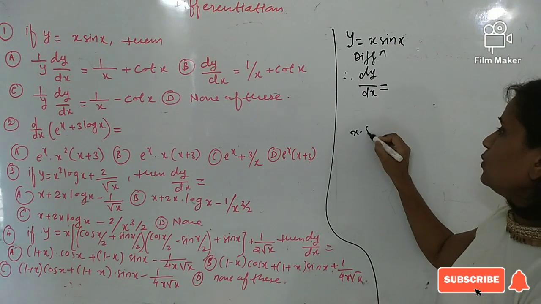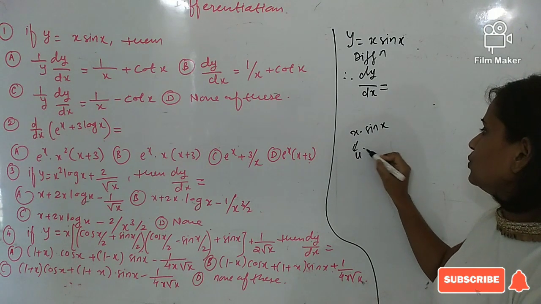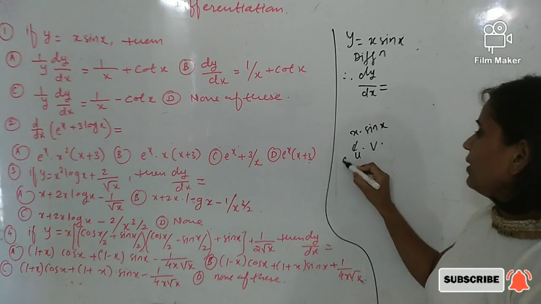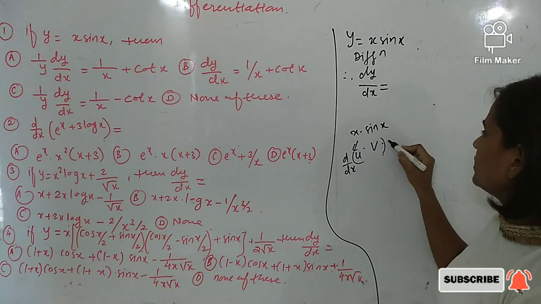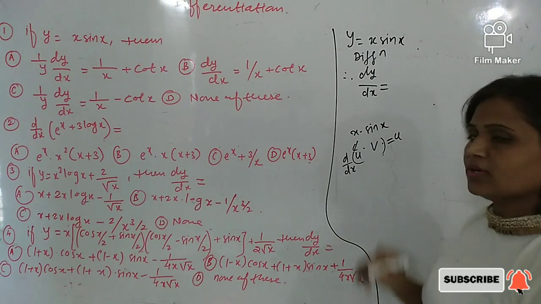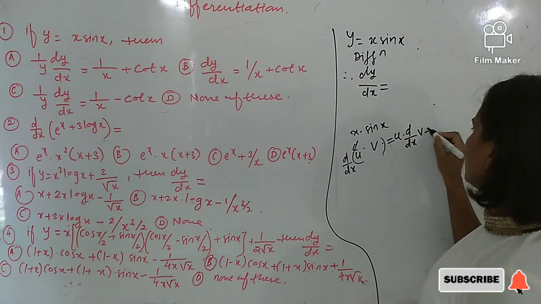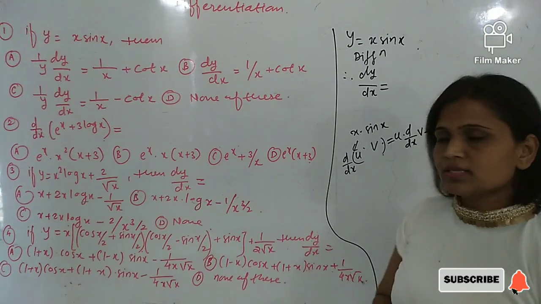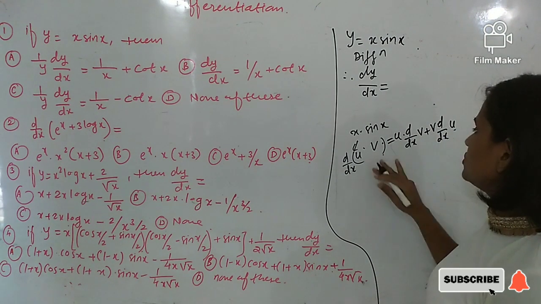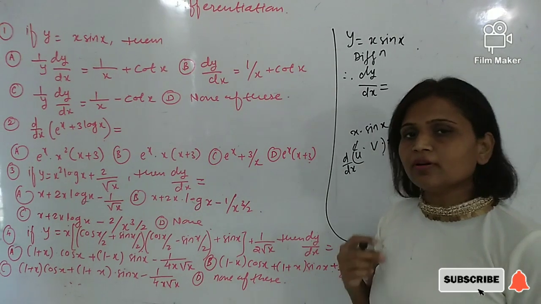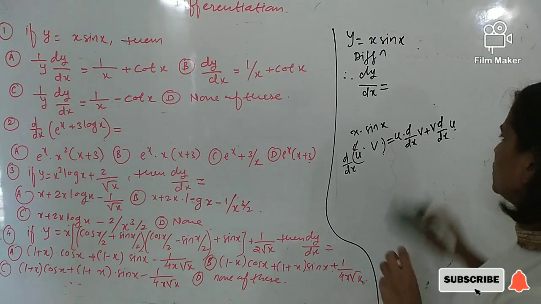Here two functions are multiplied, u into v, so we go with the rule: the first function as a constant times the derivative of the second function, plus the second function as a constant times the derivative of the first function. We apply this rule when two functions are multiplied.